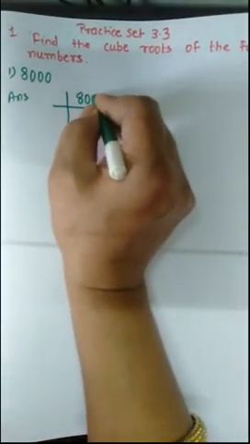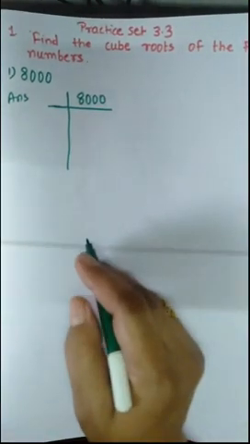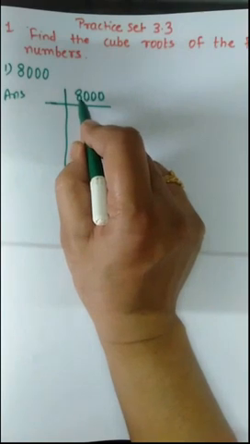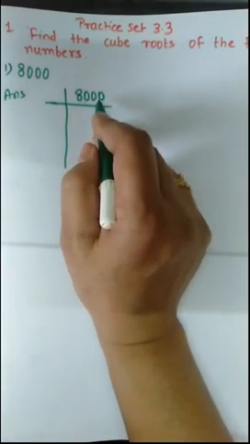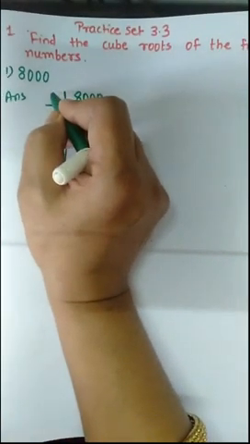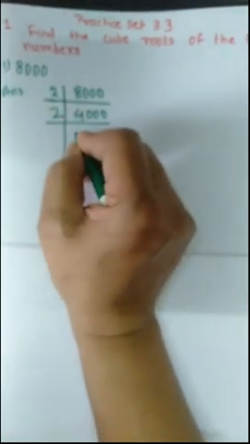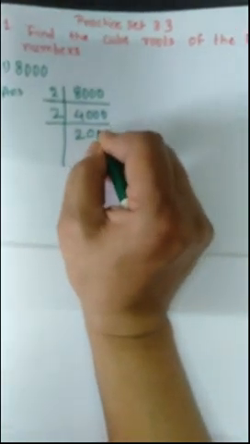So 8000. 8000 is an even number, so divide by 2. 2 4s are 8, 0 as it is. Again it is divisible by 2. 2 2s are 4.